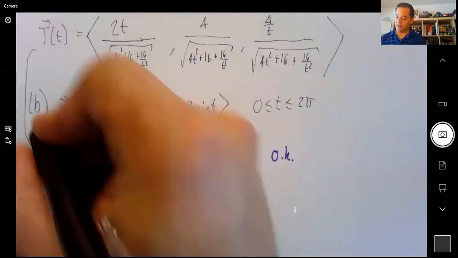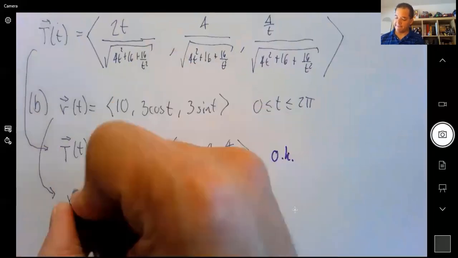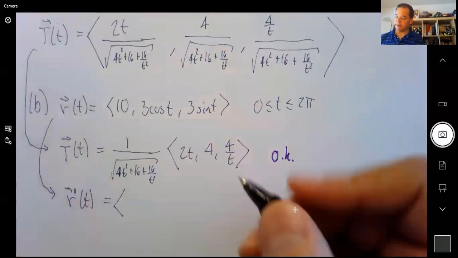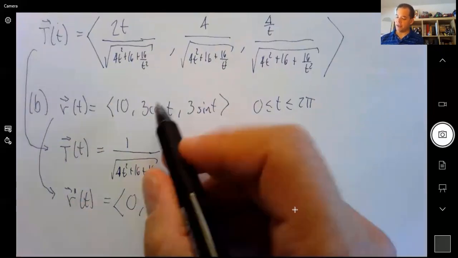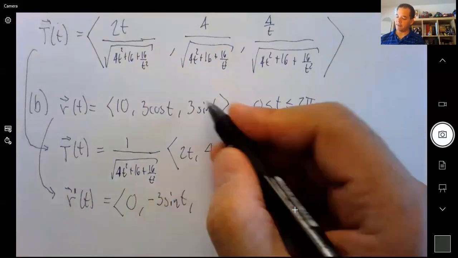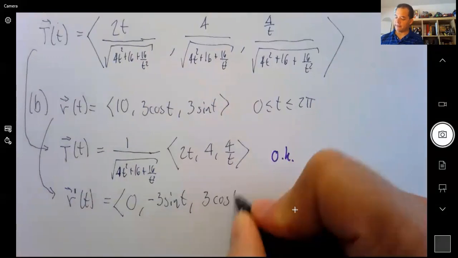Good. So let's continue. What is r prime here? This would be the derivative of 10, that's 0. The derivative of 3 cosine t, that's negative 3 sine t. And the derivative of 3 sine t, that's 3 cosine t.